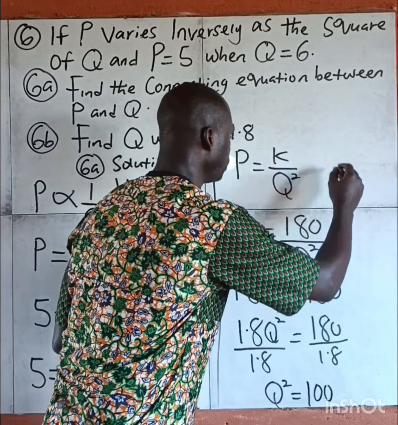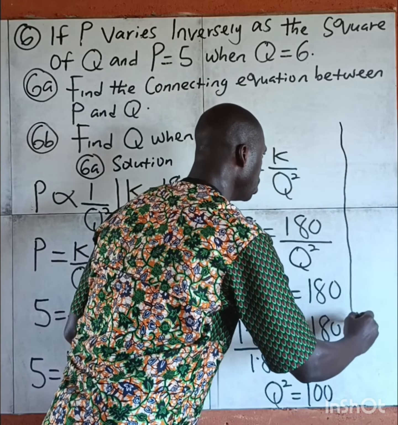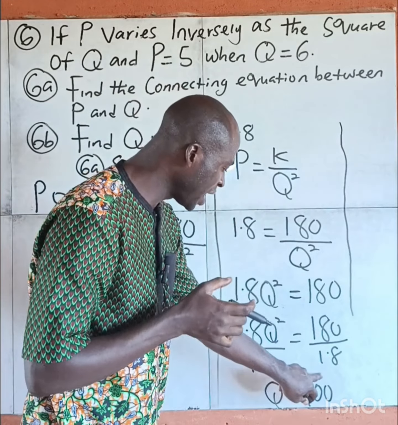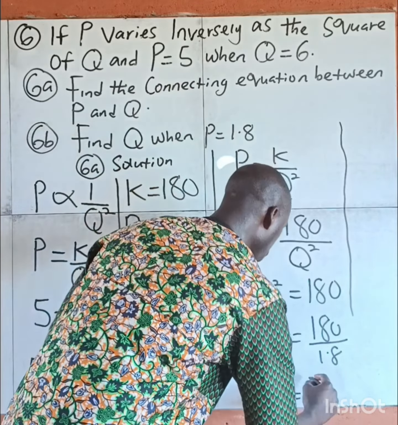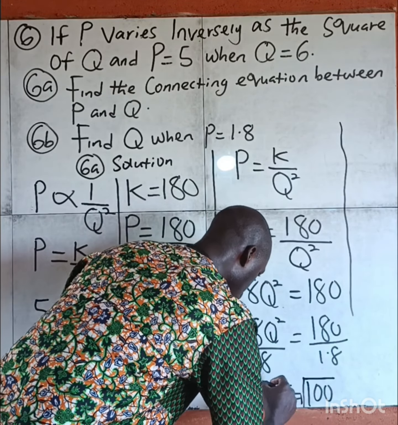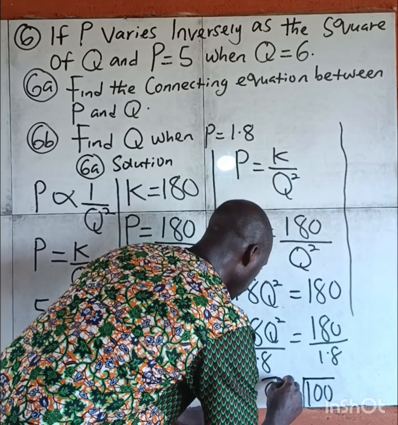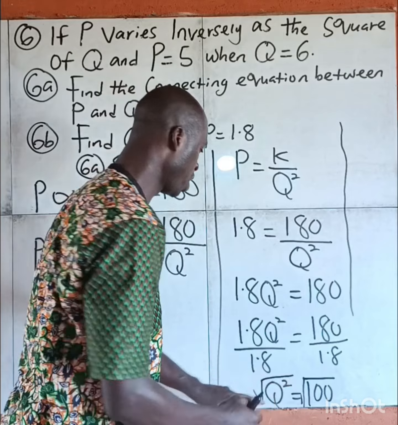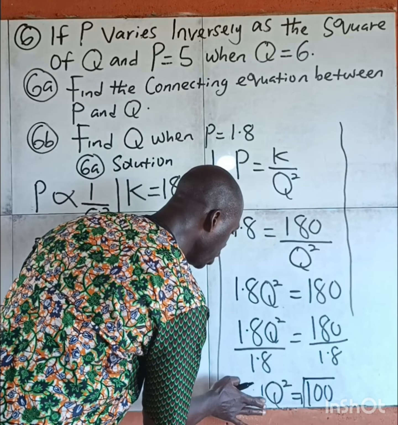At the end of the day, we are not done solving. You will take the square root of both sides. The root cancels the square up here, so I'll have only Q left.